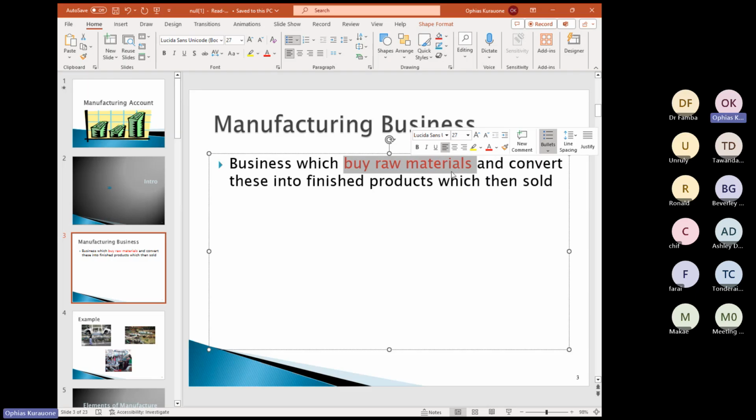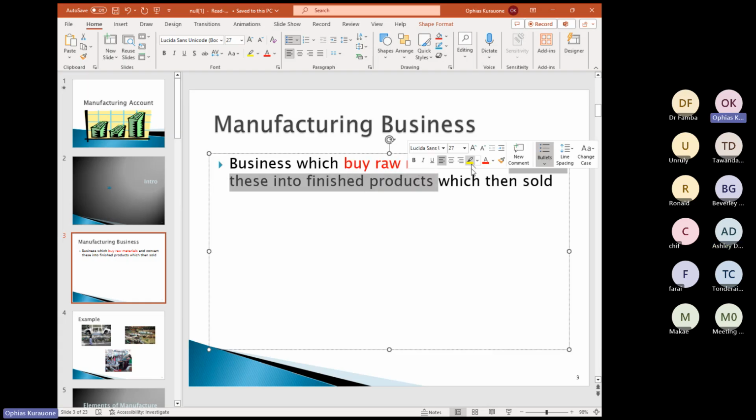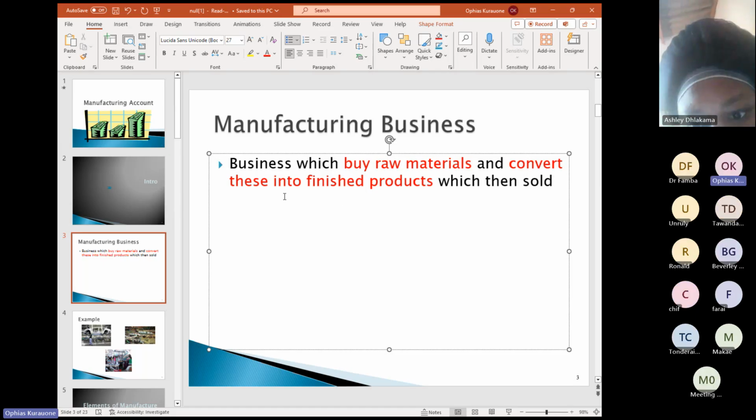So you buy raw materials and then you convert these into finished products which can be sold. When you buy raw materials, you incur costs. No one can donate these raw materials to you every time; you have to purchase them, so you incur expenses. Then when you're converting, you incur a conversion cost.